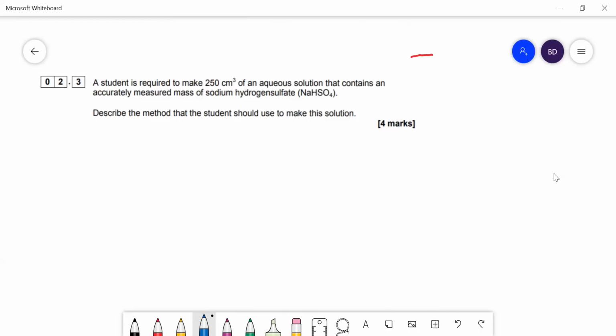So what should you do? You get a sample bottle with the approximate mass that you need for your solution, whether you need 1 gram or 1.5 grams, so you put about the right amount in there. Then you weigh the sample bottle with the chemical in it.